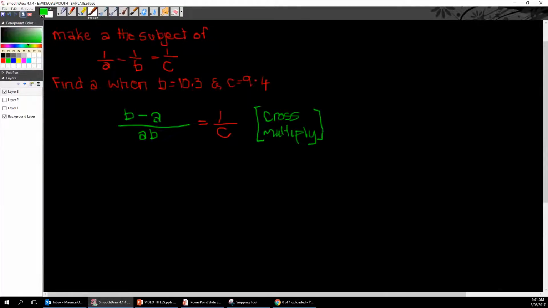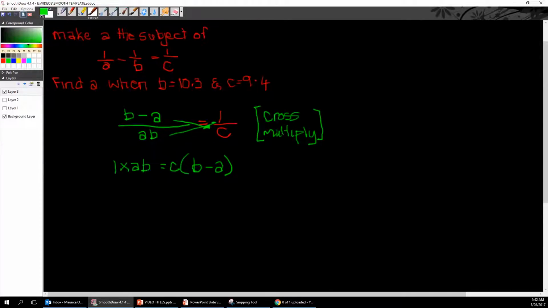What that means is where you've got a fraction equal to a fraction, you multiply that by that and that by that, and they're equal. So I'll write this down here in green. That's 1 times AB equals C times B minus A. Okay, 1 times AB equals C times B minus A.